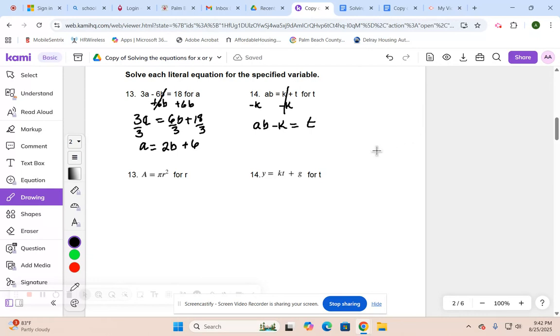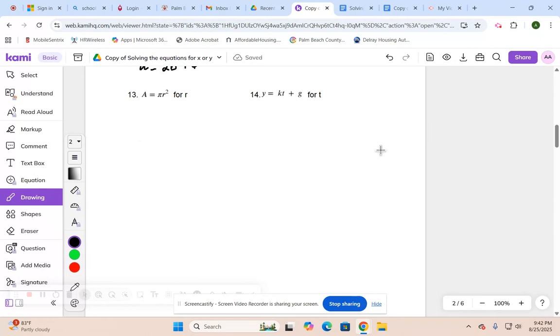Okay, let's keep going. Here we're being asked to solve for the variable r. So the first thing I'm going to do is divide out the pi from both sides. To undo a multiplication operation, you have to do division. So see, the pi's will cancel from here. You'll have r squared left by itself, and you'll have a over pi here. But we want r, not r squared.